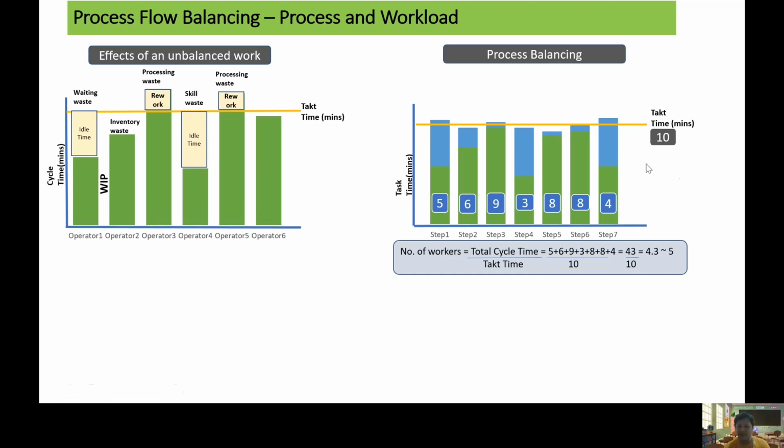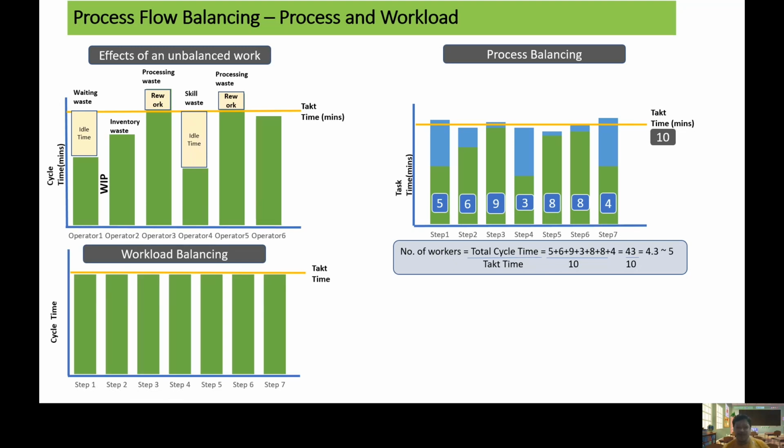Once you have the ideal number of workers to be deployed in a particular process, workload balancing is the next step. How do you balance a workload with the ideal number of operators coming out of this calculation?